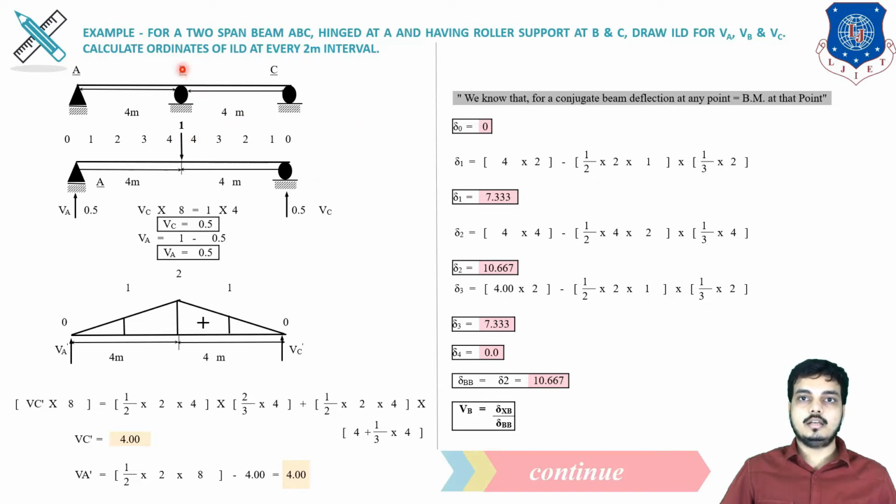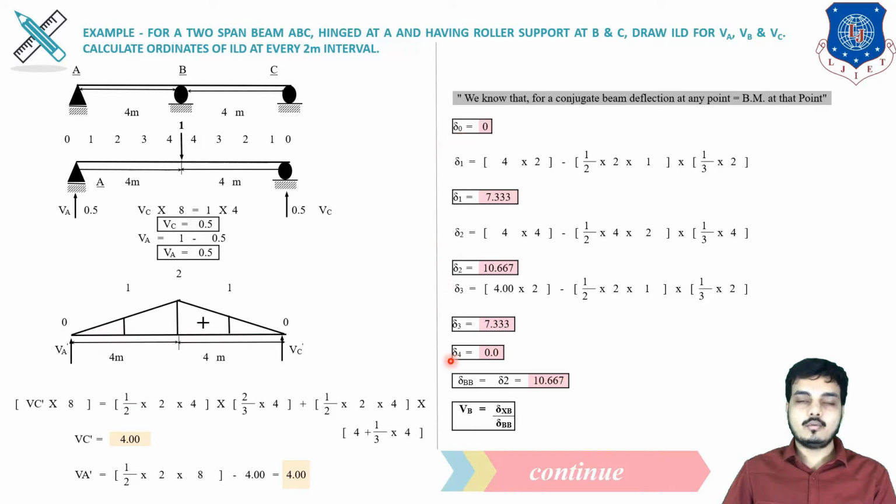we make any one of the reactions a redundant, then we find the reaction, and with the help of this reaction we draw the bending moment diagram. With the bending moment diagram we find VA dash and VC dash, and then we find delta at the respective points.